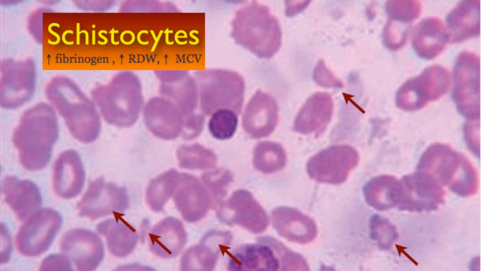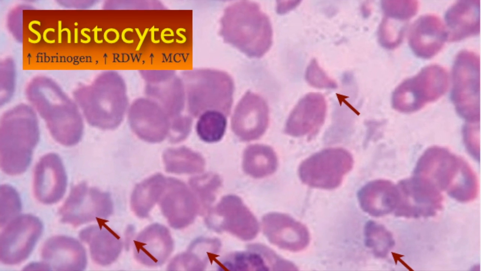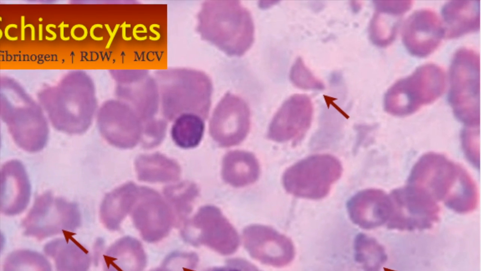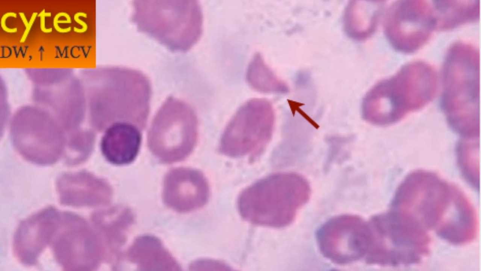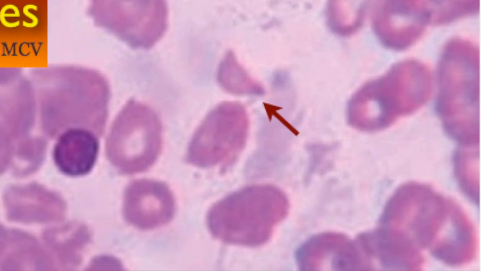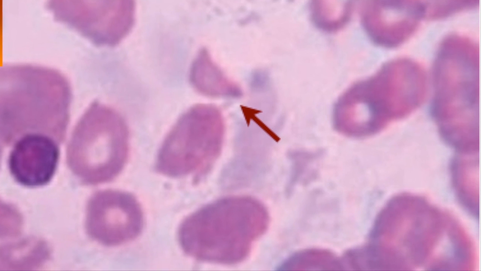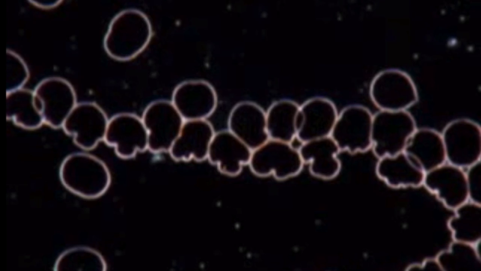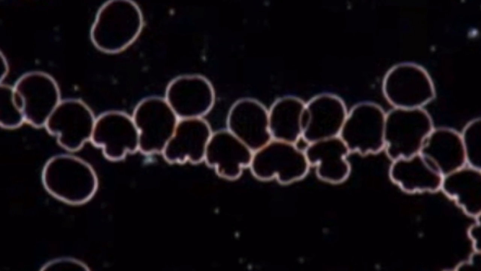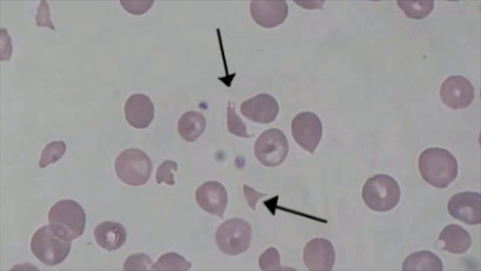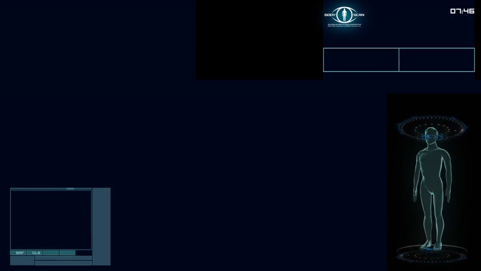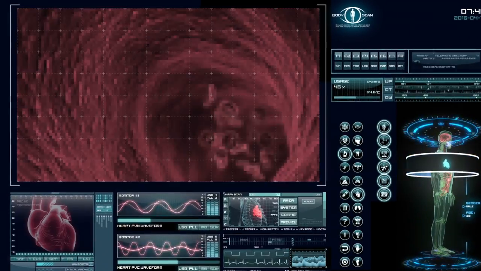A schistocyte is a fragmented part of the red blood cell. Schistocytes are typically irregularly shaped, jagged, and have two pointed ends. A true schistocyte does not have a central pallor. Schistocytes are sometimes referred to as helmet cells. Vascular damage causes fragmentation of red cells by two mechanisms.